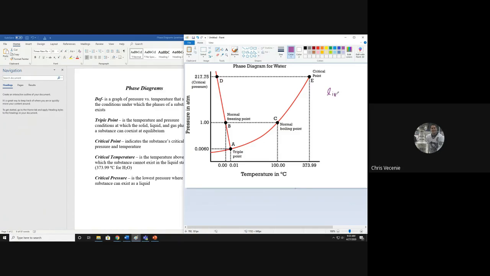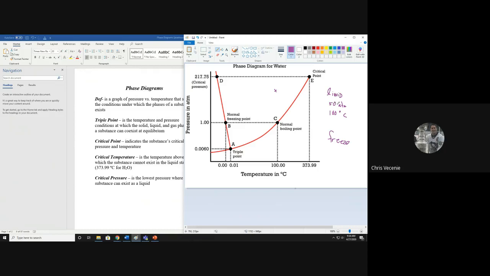So I'm saying, hey, I am a liquid at 50 atmospheres and say 100 degrees Celsius. I can say, what do you need to do to freeze it? Right? So I can say, well, I want you to freeze this substance. What do you have to do?